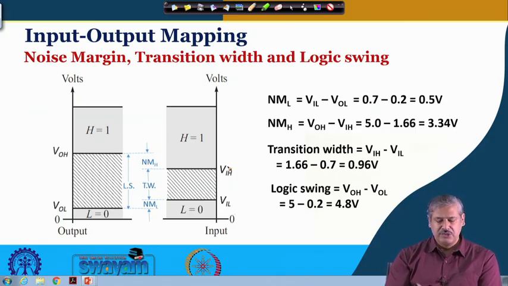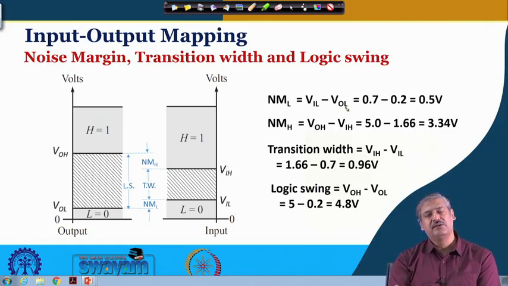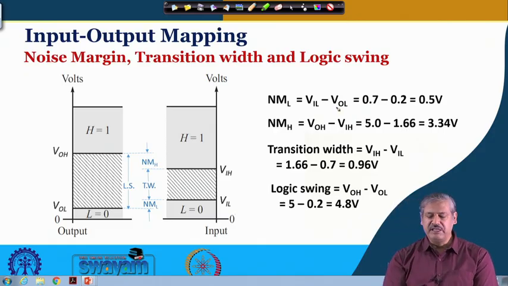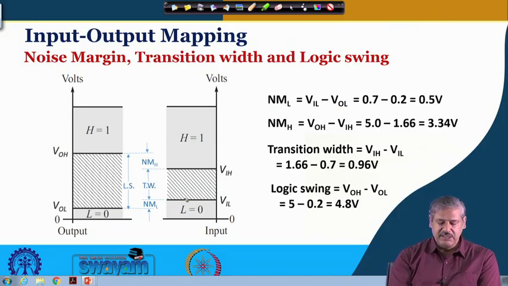After understanding these terms once more, now we define noise margin high and noise margin low, as VIL minus VOL. What is the significance of it? The significance is that up to VIL we are treating this as logic low.